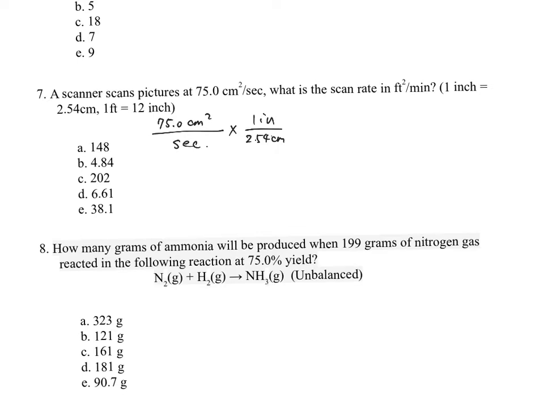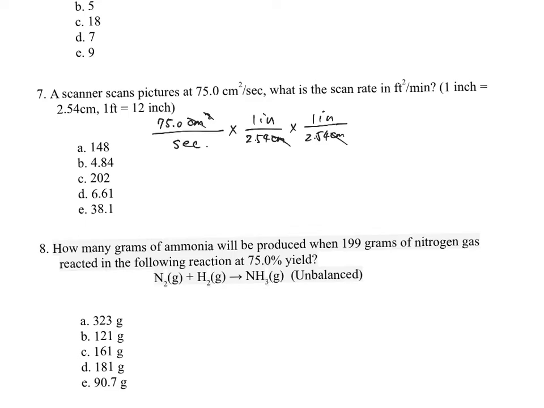Now, yes, you could cancel this here, but what you cancel is 1 centimeter. You're not canceling both centimeters. So you would need another 2.54 centimeters per 1 inch to cancel the other centimeter.